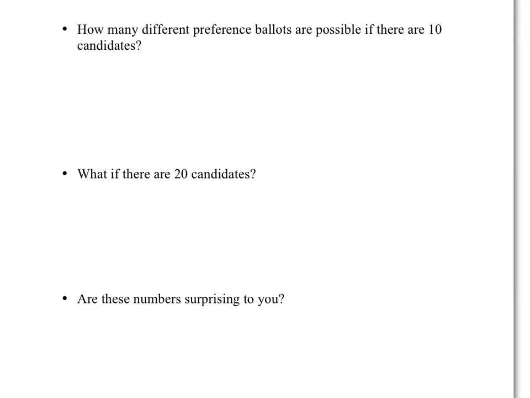When there are 10 candidates, the number of different possible preference ballots equals 10 factorial, and this number is so large that most people don't believe it the first time they see it. You can ask your calculator to just compute 10 factorial directly, or you can write out 10 times 9 times 8 times 7 times 6 times 5 times 4 times 3 times 2 times 1.